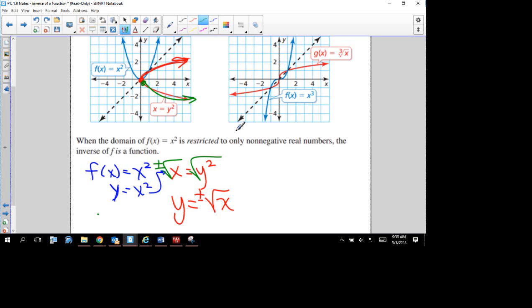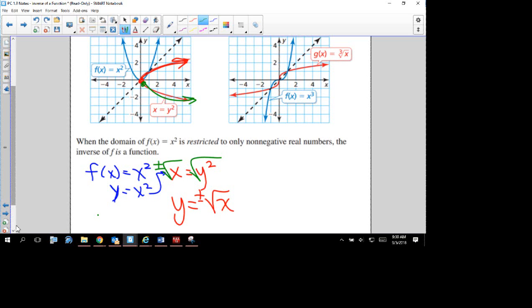Yeah? Okay. Good. So sometimes logic is helpful. So anyway, is this y equals plus or minus square root of x a function? Tristan? Why? Because you can get two answers on a vertical line test. Mm-hmm. So it's not a function.